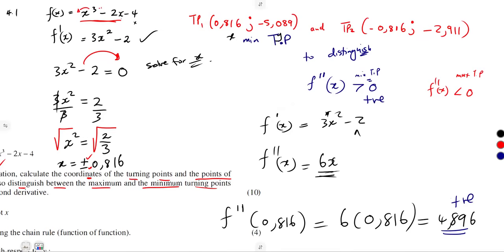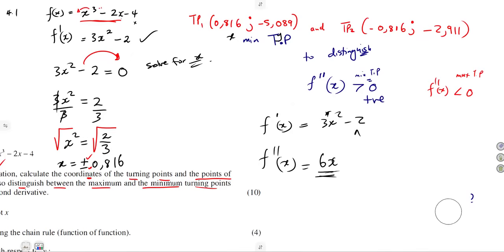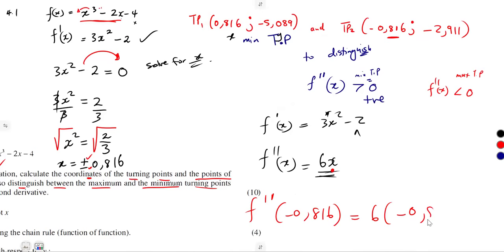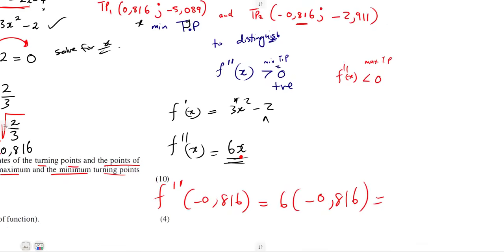You do the same thing for the second point. Already the second derivative is there. You just have to substitute the value of x for the second turning point, which is negative 0.816, into the value of x here. It was going to give us a negative. All right, so that was going to give us negative 4.896.